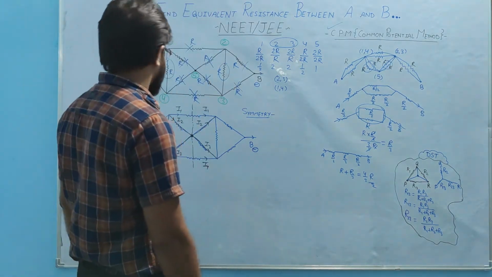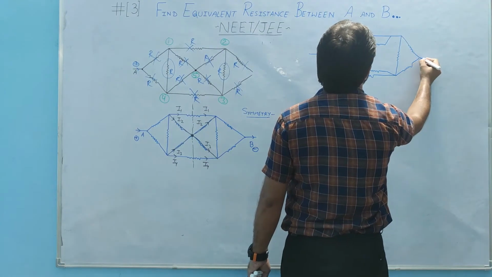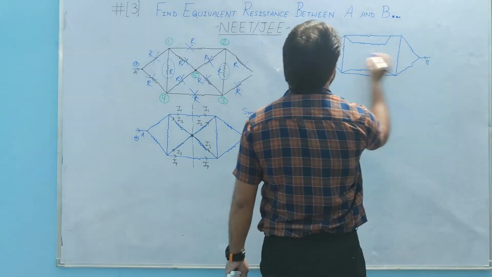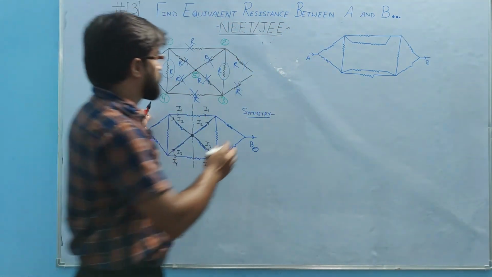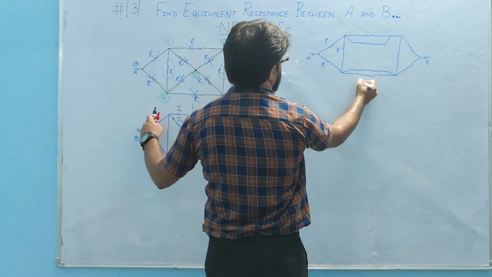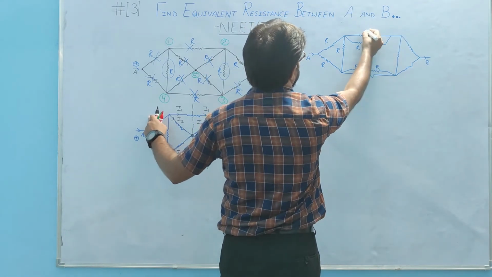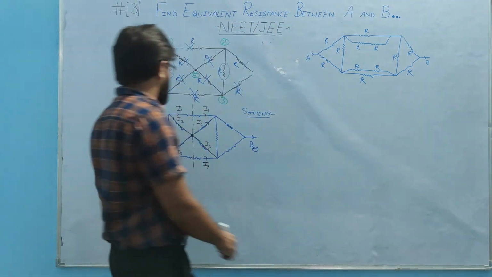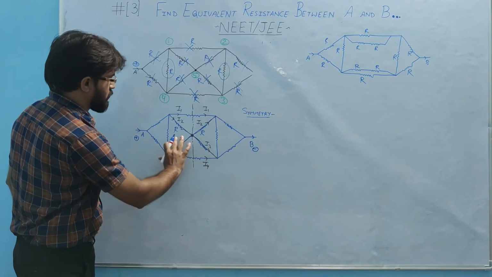So I will redesign this, and it would look like this. This is A, this is B, and this is as it is, R, R, R, R, R, R. This junction, this R is there, this R is in this branch.